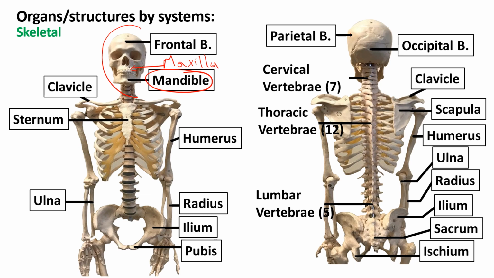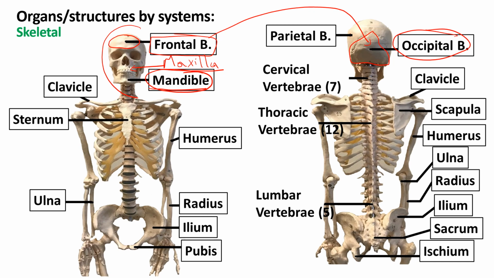So maxilla is the upper jaw, mandible is the lower jaw. The more anterior bone in the forehead is called the frontal bone. The most posterior bone of the head, the one that is way back here, is called the occipital bone.